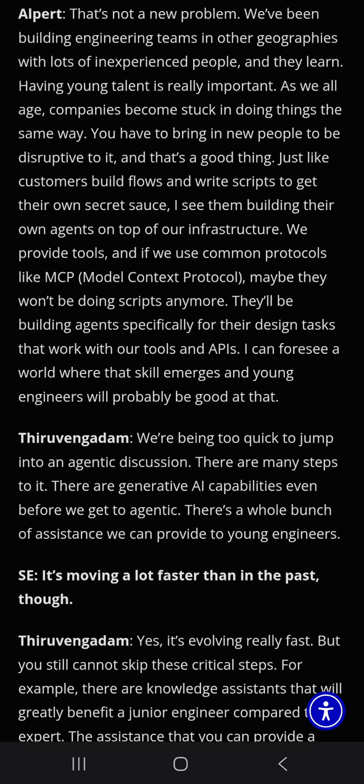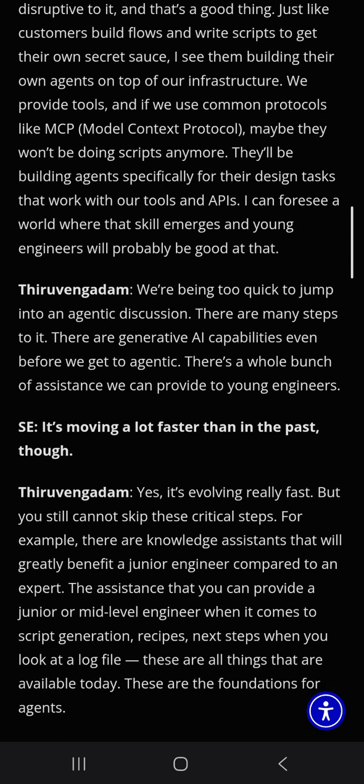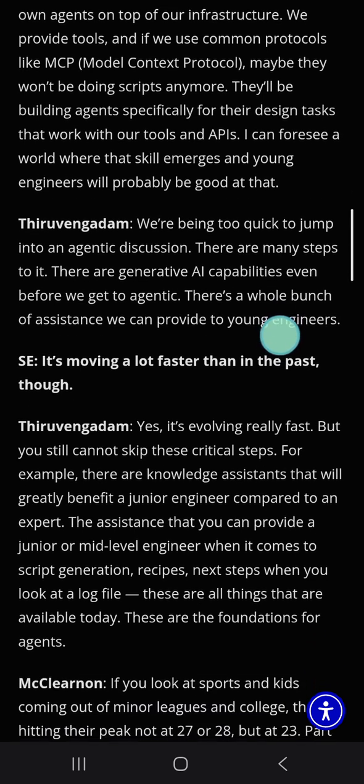They will be building agents specifically for their design tasks and their work with our tools and APIs. I can foresee a world where the skill emerges and young engineers will probably be good at that.